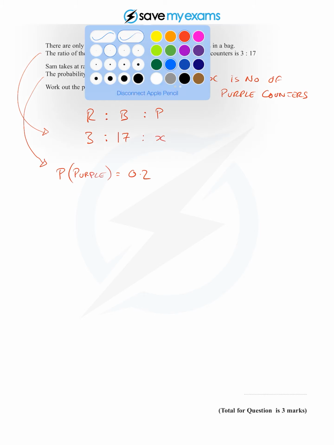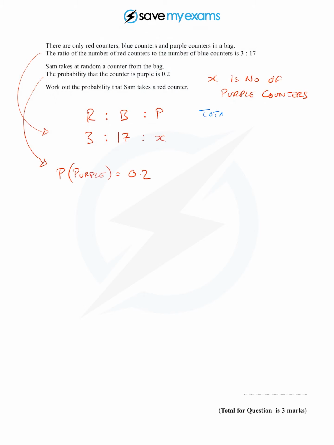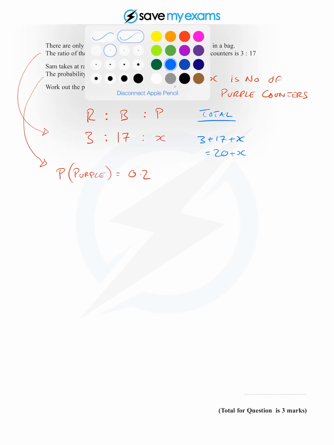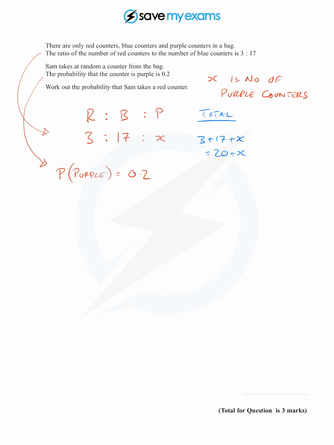So what's the total? Let's work out the total number of counters. So the total is 3 plus 17 plus X, which is 20 plus X. And so, thinking about this carefully, the probability of pulling out a purple counter is X over the total number of counters. So it's X over 20 plus X. And that's equal to 0.2.